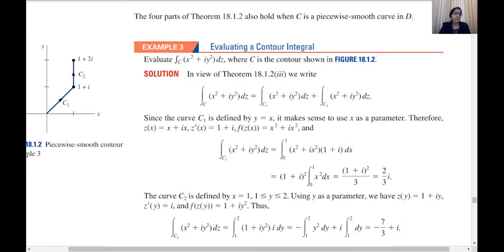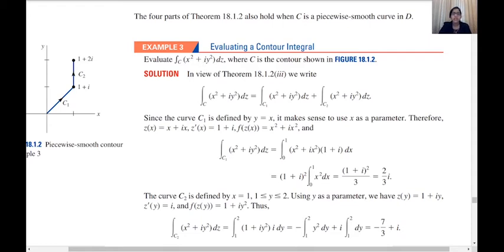Now how can we define C1? C1 is moving from the point 0 to 1 + i, that is x = 1, y = 1. So this is actually the curve y = x. So what we do here is, as we just saw, transform everything in terms of x.